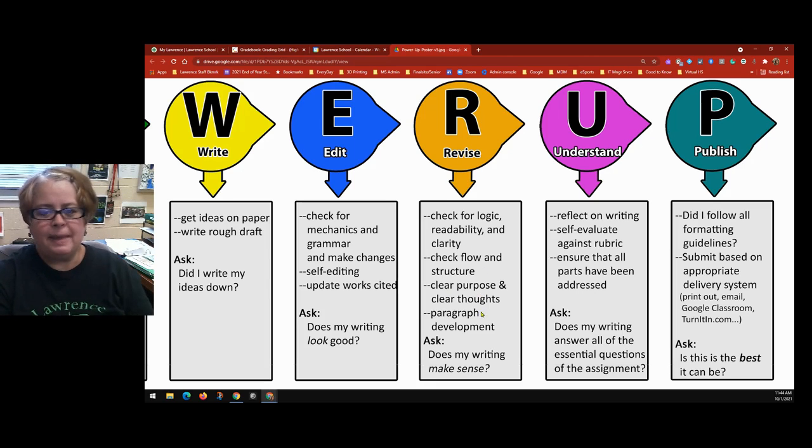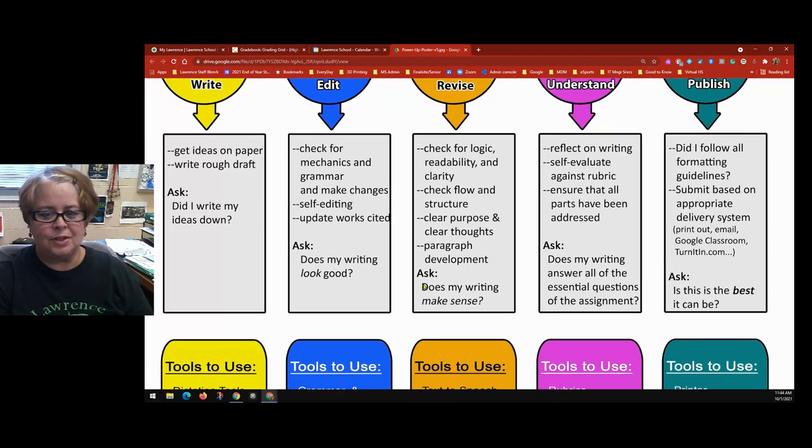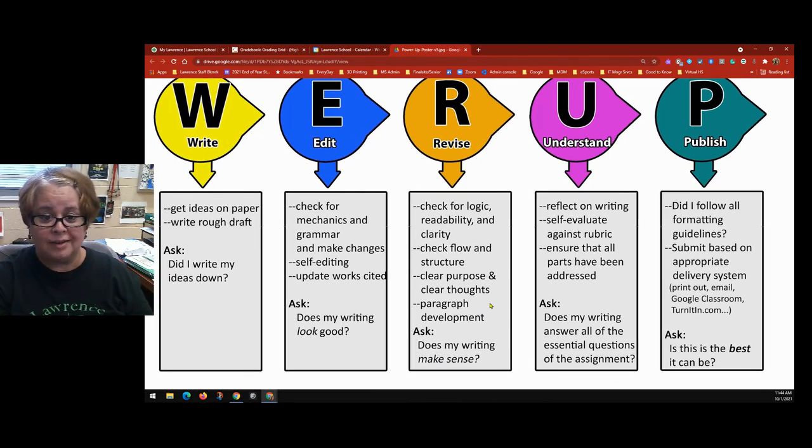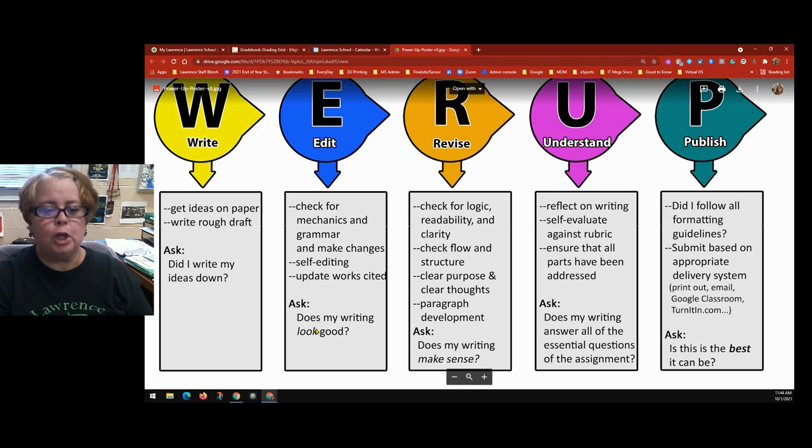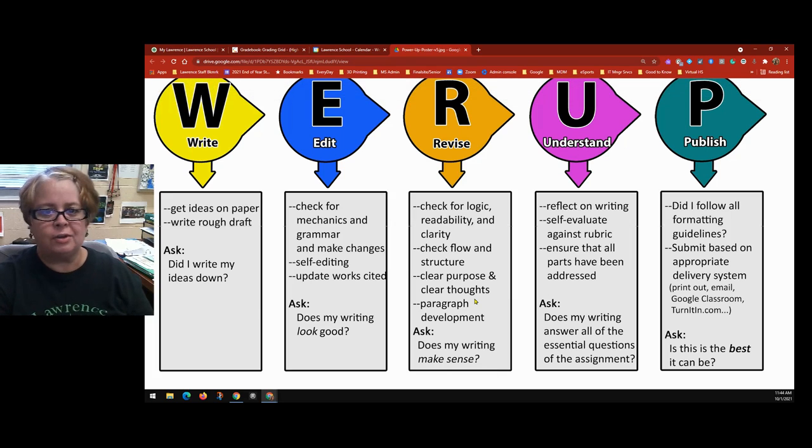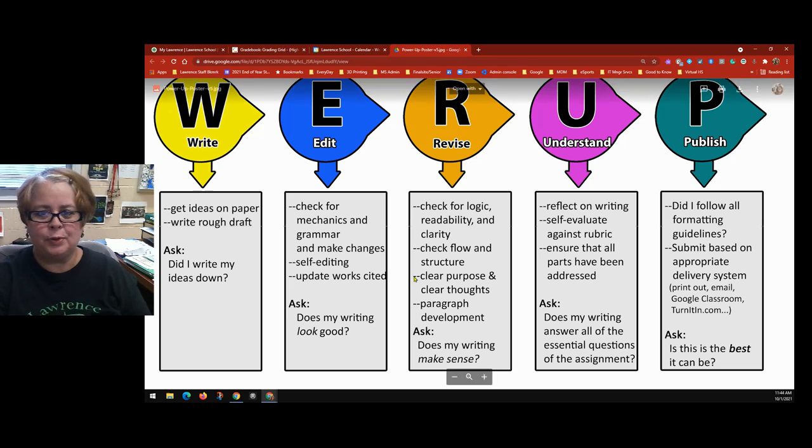And do you make sense? So ask yourself, does my writing make sense? Does it sound good? Okay, that's different from looking good. Do I have enough information? Did I make a clear argument? Did I tell all the details I needed to tell? If you didn't, go and fix those things during the revision stage.